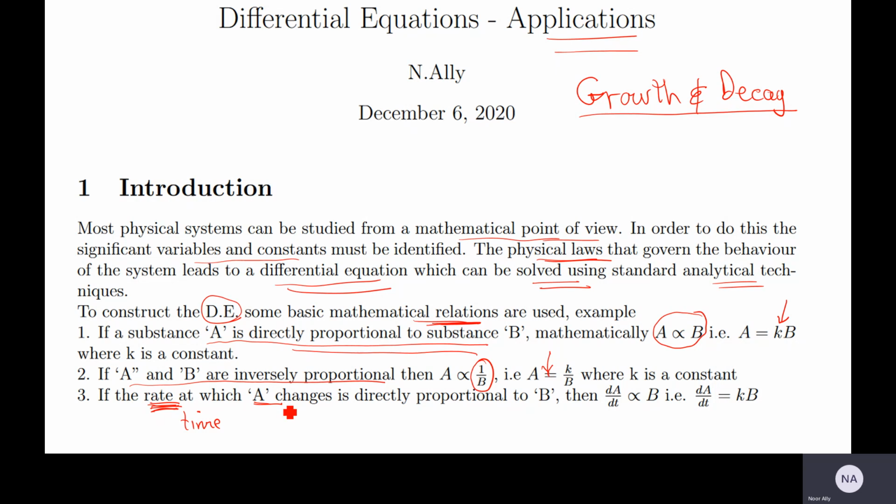The rate at which A changes is directly proportional to B. So A changing with respect to time, what are we looking at? dA/dt proportional to B. Introduce your constant, dA/dt is equal to K times B. Now that's going to be the backbone of this particular lecture to derive a formula.